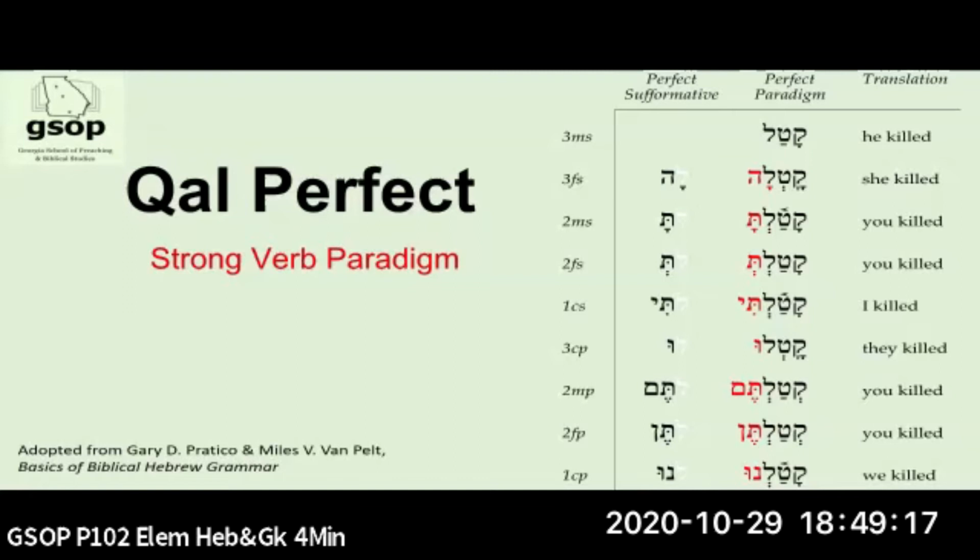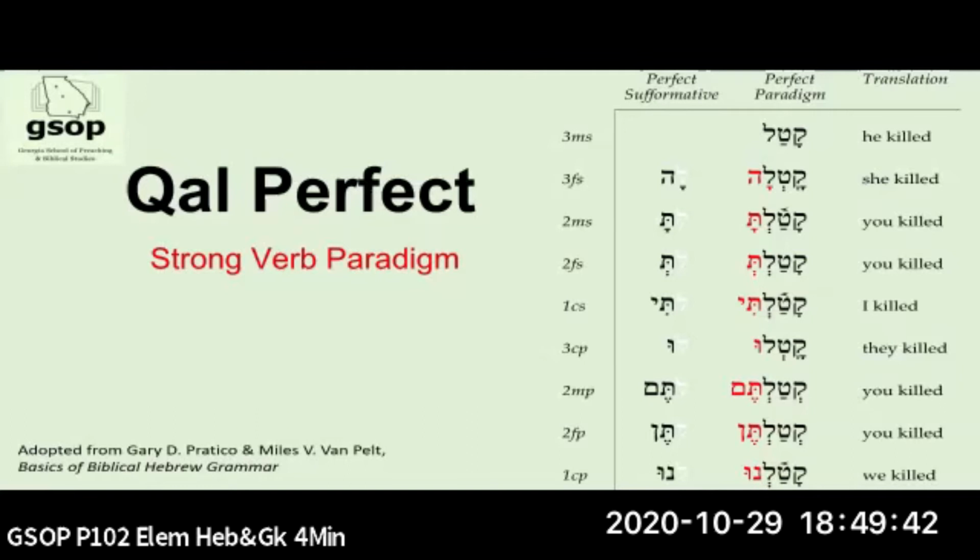So we have the verb that we've been using, katal, and if we want to make it "she killed," it becomes katla, she killed. If we want to make it "you killed," it becomes katalta.